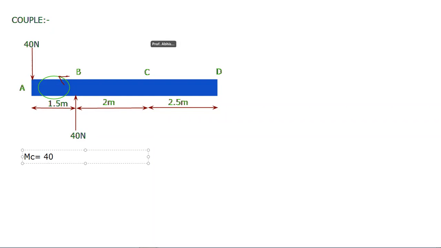So 40 multiplied by 1.5 meter will be the value of moment of couple, and its unit will be Newton meter, force multiplied by distance. So this is the exact value of moment acting along the section A to B.